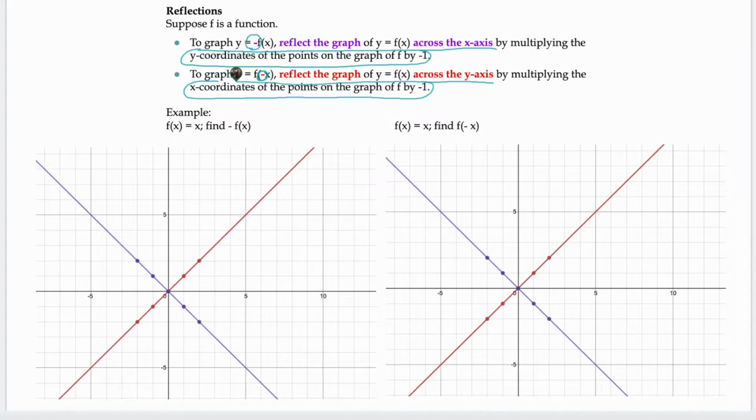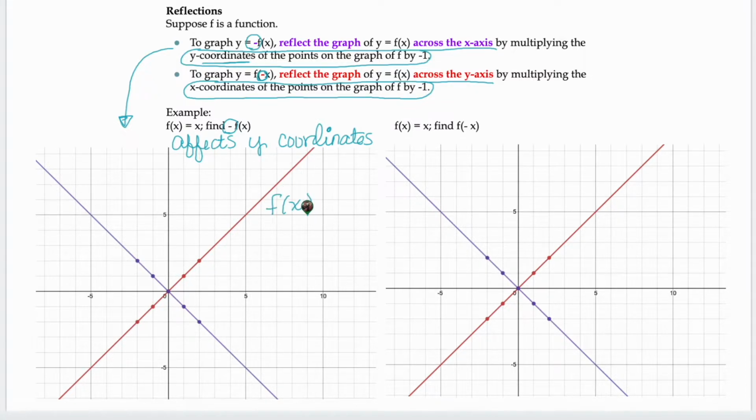Noticing on the left-hand side, our graph is being multiplied by the negative on the outside of the function. So that means we're going to reflect across the x-axis, and our y-coordinates are affected. Our original function here is f of x.